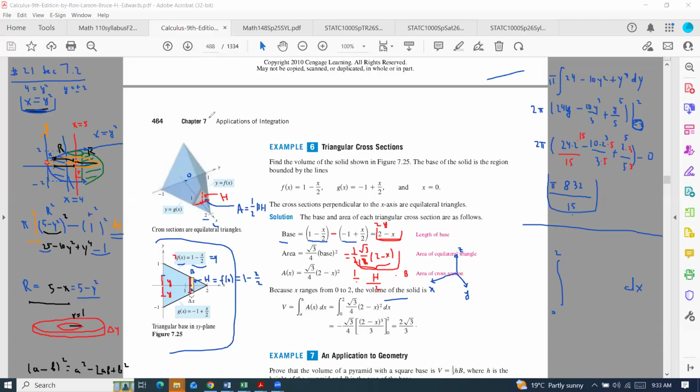So the trick here is it is equilateral, right? So all sides are equal, like what? Well, I can say A, and A. So what's going to be the height of this?